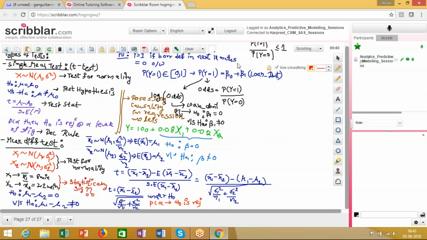So talking about the different kinds of mean difference tests.